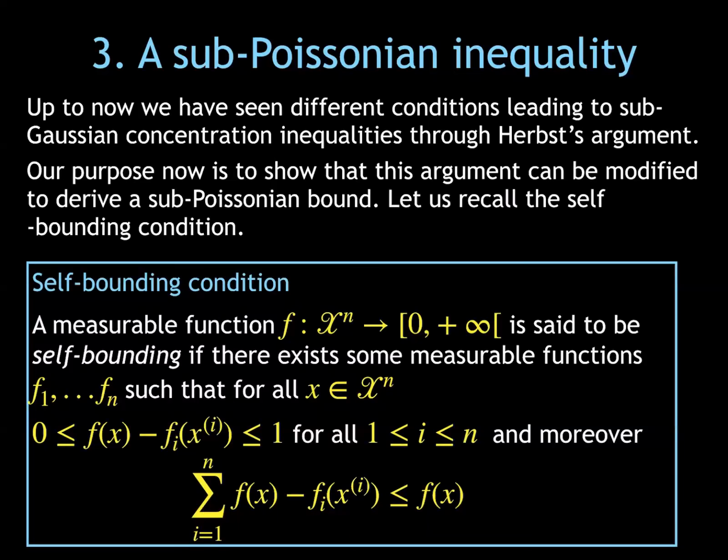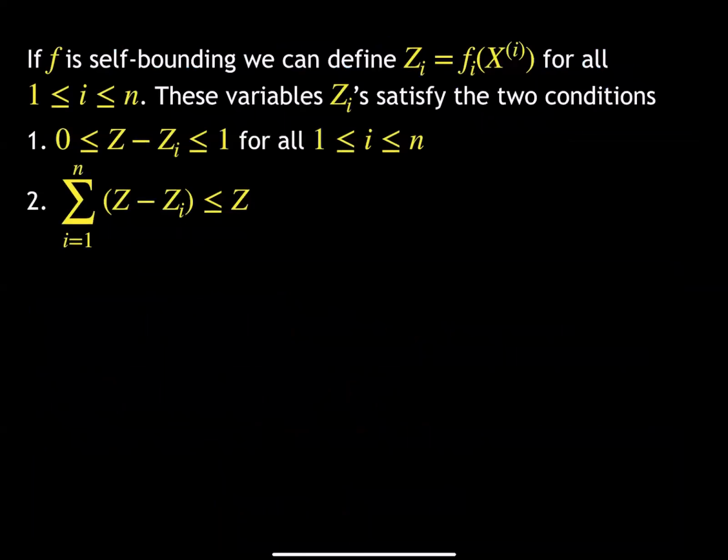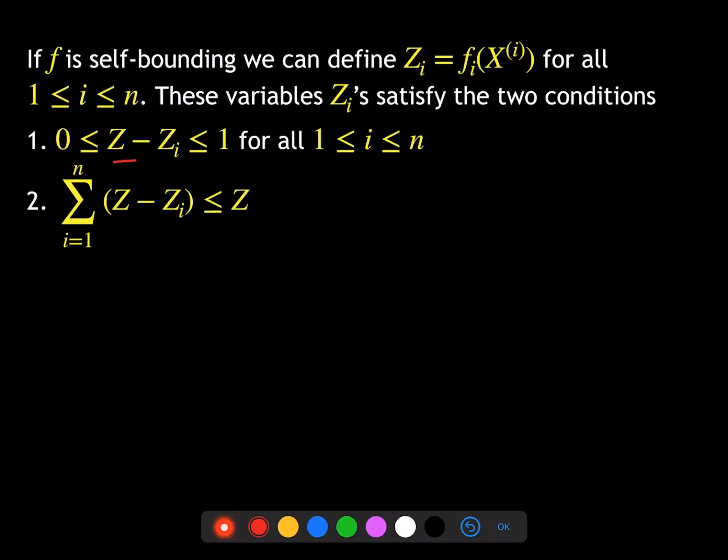This is the self-bounding condition. So when you have this condition, you just plug the variables in the functions, and this gives you a set of variables Zi, which are x bracket i measurable, in fact, and which are such that the difference between Z and Zi is between 0 and 1, and such that the sum is less than Z.